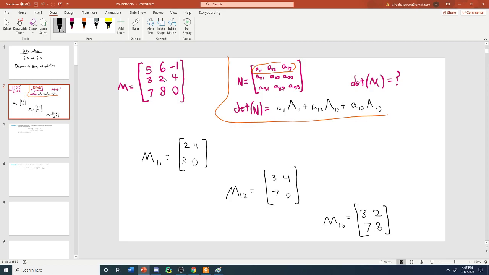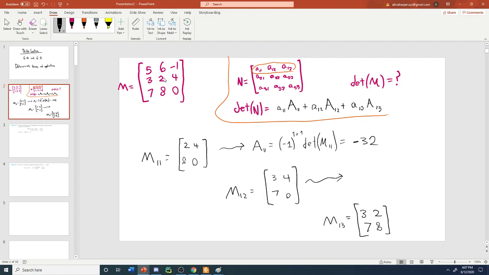And now for each of these, I have to compute the corresponding determinant and then multiply by a sign. So A11 here is going to be equal to -1 raised to the 1 plus 1 times the determinant of M11. And I can compute that just by looking at this. 2 times 0 minus 4 times 8, times +1, is -32.